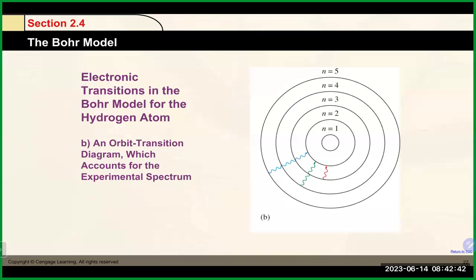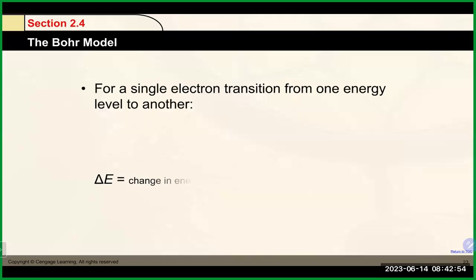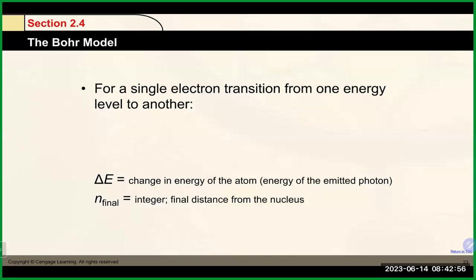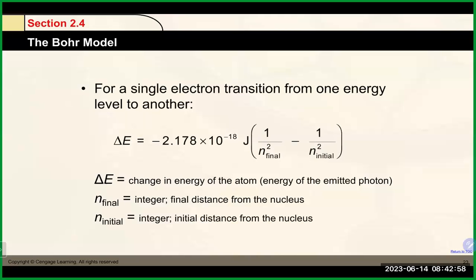So again, this is more of a circular picture, which is our orbitals and our Bohr model, which we will be moving away from, obviously, as it doesn't hold up much past hydrogen. Now, for a single electron, we can calculate the energy associated with the transition of the electron moving from one energy level to the next.